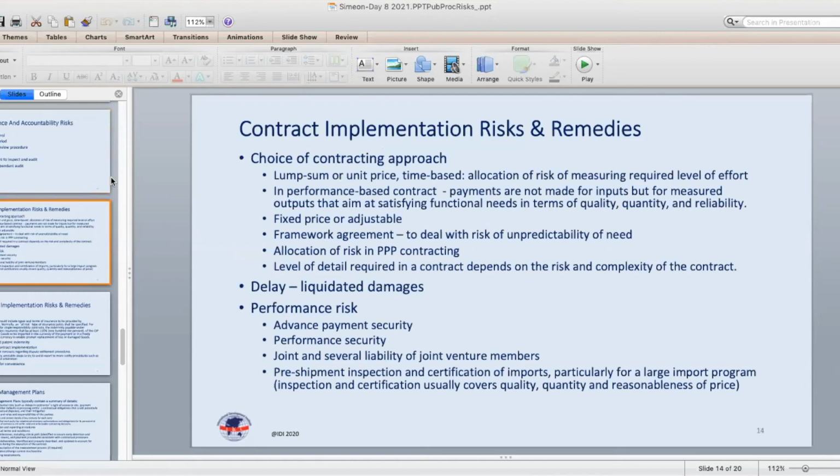Choice of contracting approach. Yesterday we discussed the difference between lump sum and unit price contracts, and that's actually a risk. Part of the determination of which type of contract to use is based on a consideration of risks. What is the risk associated with the inability of the bidder, or for that matter the procuring entity, to foresee exactly the level of effort that will be required?